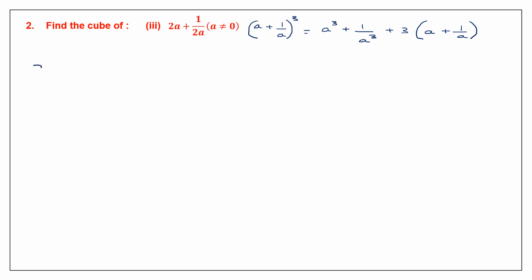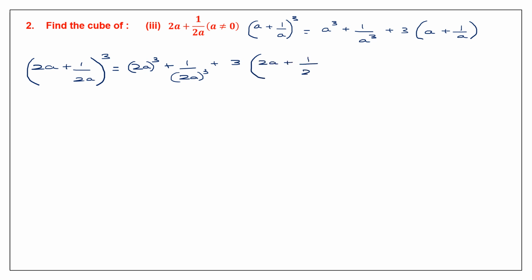So 2a plus 1 by 2a the whole cube is equal to a cube. So that is 2a, 2a the whole cube, plus 1 by a cube. So again 2a the whole cube plus 3 into a, and a is 2a plus 1 by a, which is 1 by 2a. Now we need to simplify this.